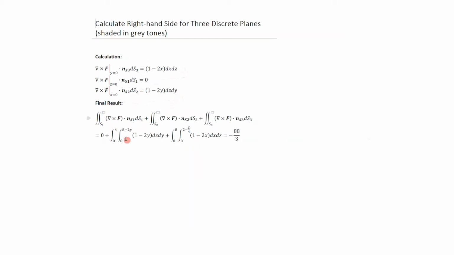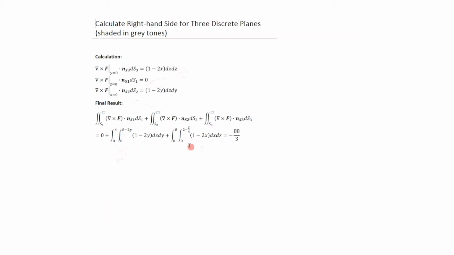And so we now substitute that into the three separate integrals, one here, and one here. The first one, which is the one involving S1, is 0. The one involving S2 is 1 minus 2y dz dy, and the one involving S3 is 1 minus 2x dx dz. So these are the two last expressions that you see here.